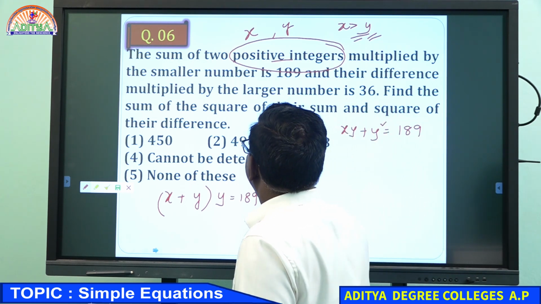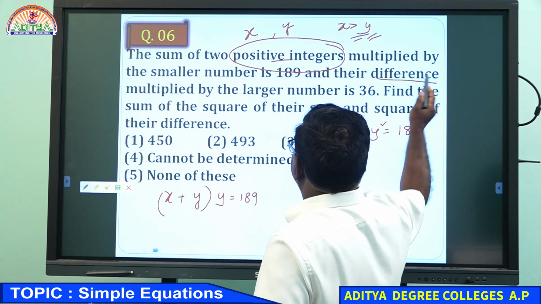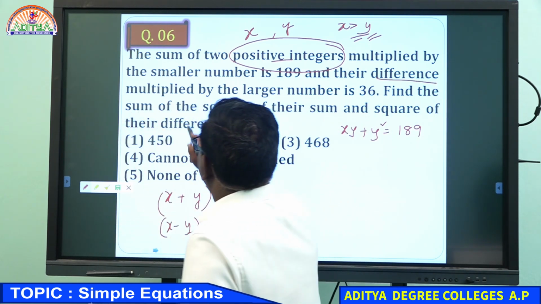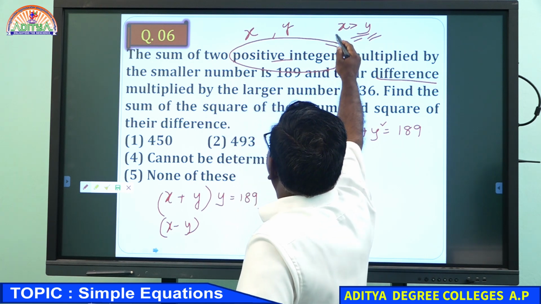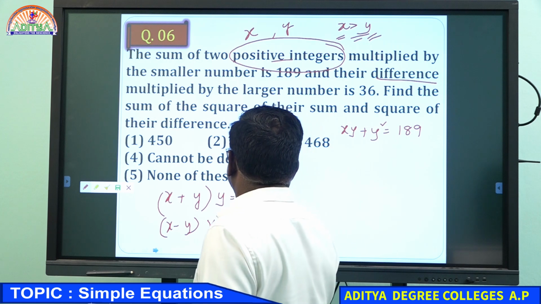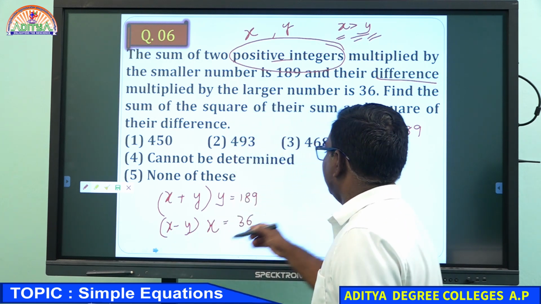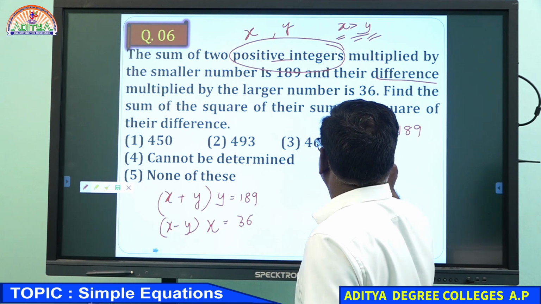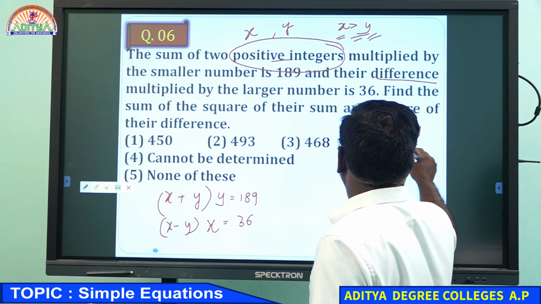Now what is the second condition? And their difference, the difference, is multiplied by the larger number, which we took as x, is 36. It means x into x, x square, minus xy is 36.